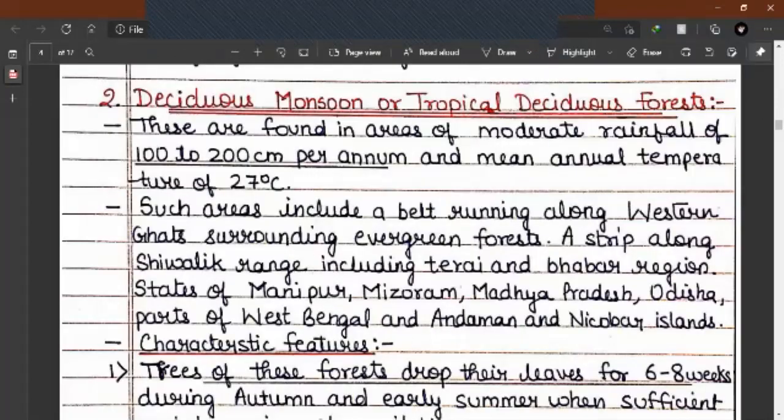The second type of forest is the deciduous monsoon or tropical deciduous forests. These are found in areas of moderate rainfall of 100 to 200 centimeters per annum and mean annual temperature of 27 degrees.